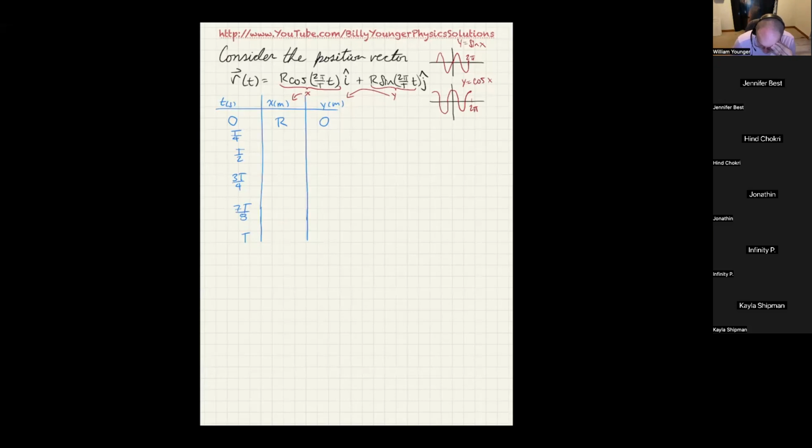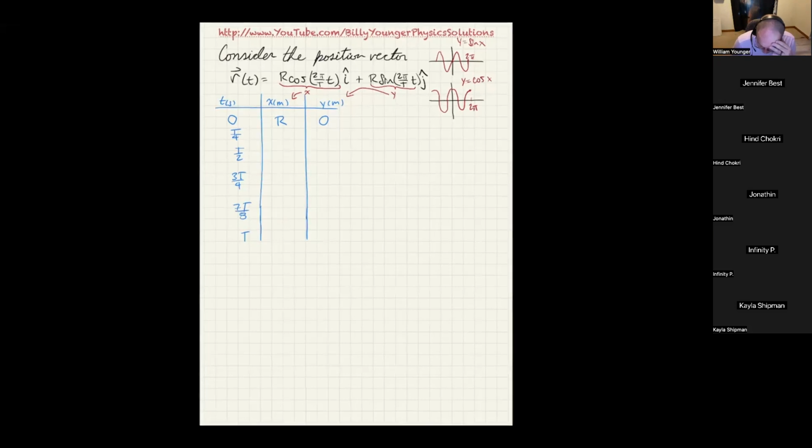So at pi over 2, x would be what, 0? Yes, and that's right. And then y would be just equivalent to r. Exactly. Anybody want to give T over 2 a try?